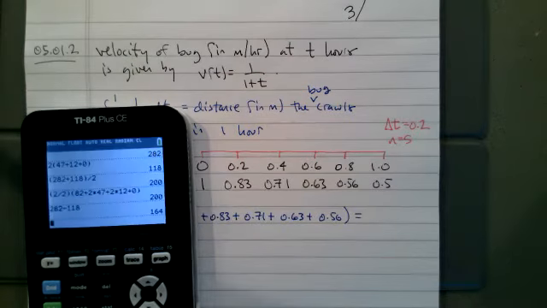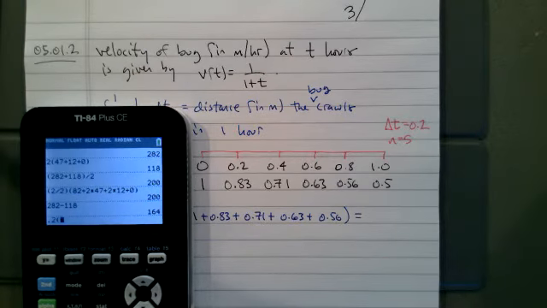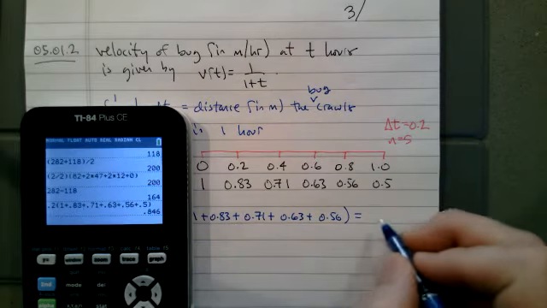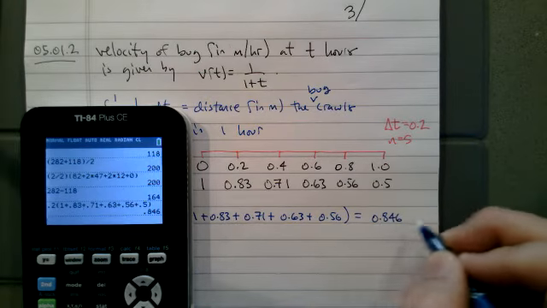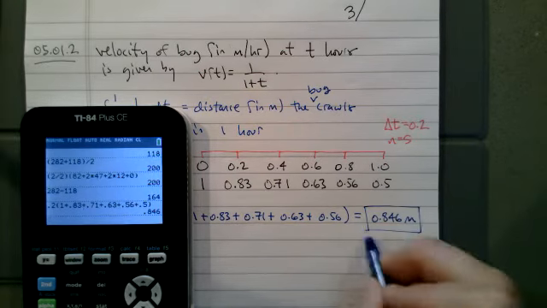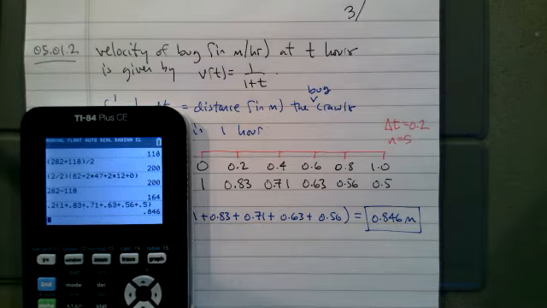I have 0.2 times the 1 plus 0.83 plus 0.71 plus 0.63 plus 0.56, which gives 0.846. And this will be the distance traveled in meters.